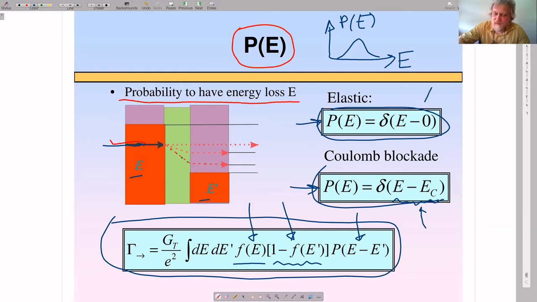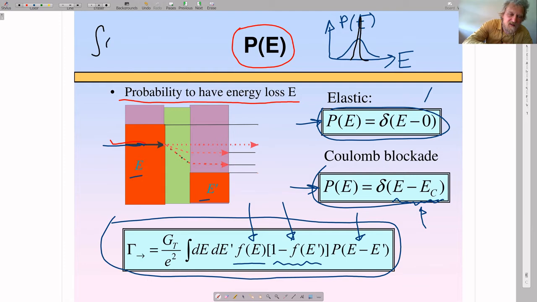The same goes for Coulomb blockade. For instance, in Coulomb blockade limits, it could become a function like this, very close to a delta function. What must always be one, it's a good property to know, is its probability.